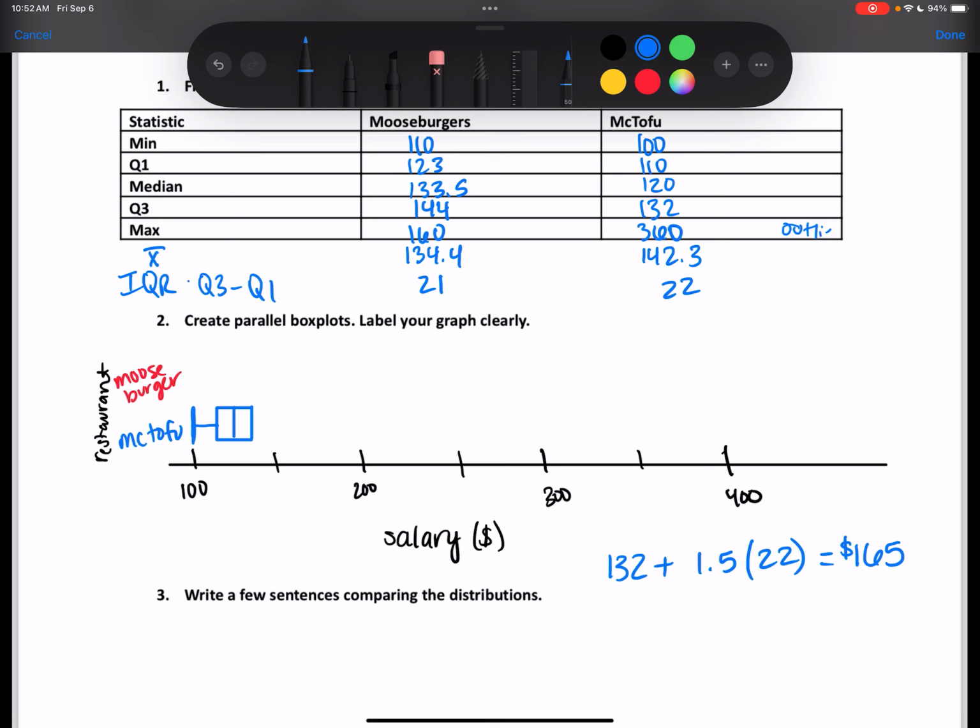Which I already kind of knew anyways, but at 165, I'm going to put my upper fence value. And then I'm going to go all the way out to 360. And I'm going to draw a star, showing that that's my outlier.